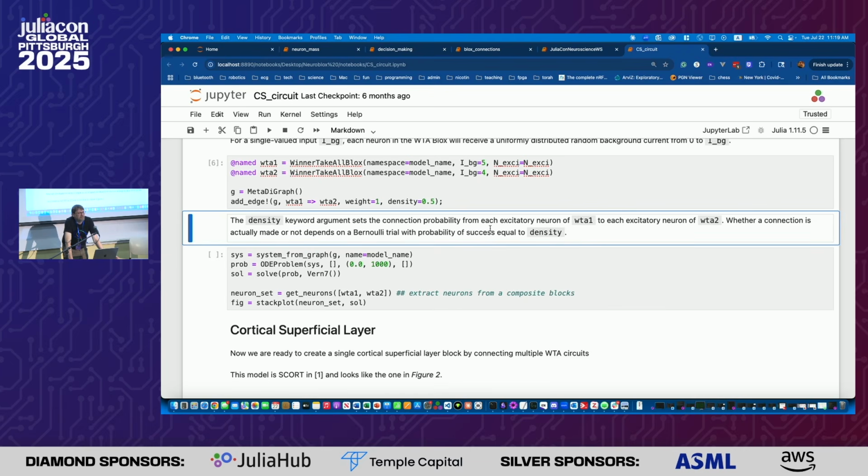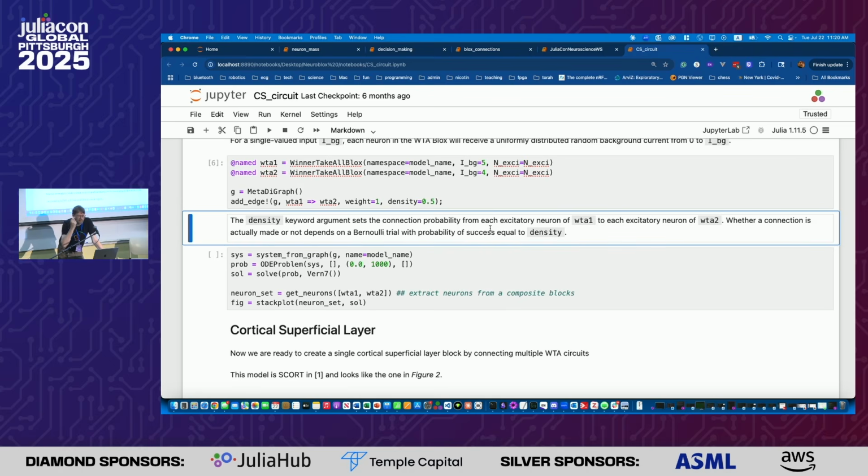So the density is often something that you know, right? In a specific brain region, for example, the connection probability, so every neuron connects to, let's say, 1,000 other neurons, right? If you know that, you can calculate the density, the probability of making a connection, and then you essentially connect randomly between these excitatory neurons. That's typically how we construct the circuits.